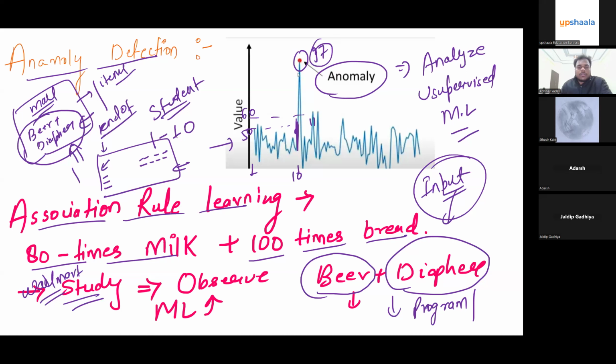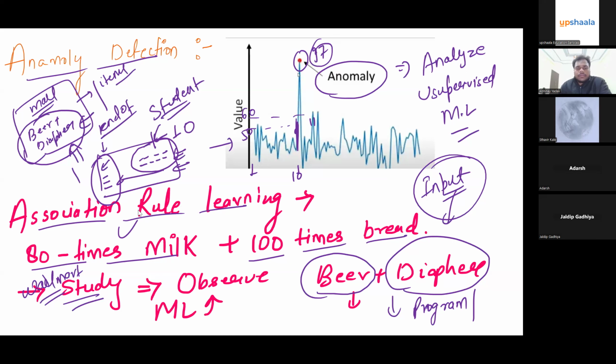Because the owner knows that people will definitely go to purchase these things. But when they keep other things at the front, some people will definitely buy. Suppose you have a small child, that child will urge you to buy chips or toffees or chocolate, etc. So this type of learning is known as association rule learning.